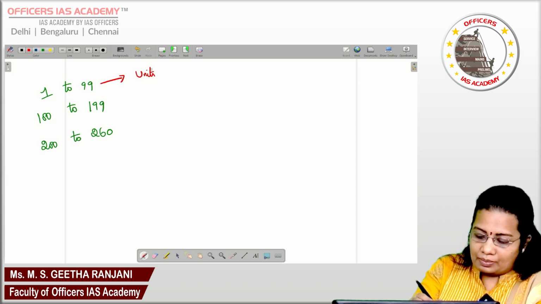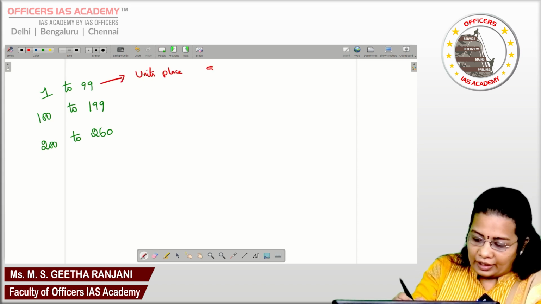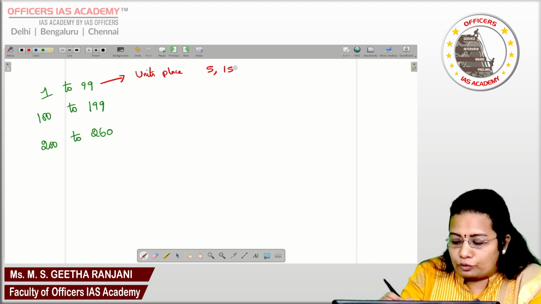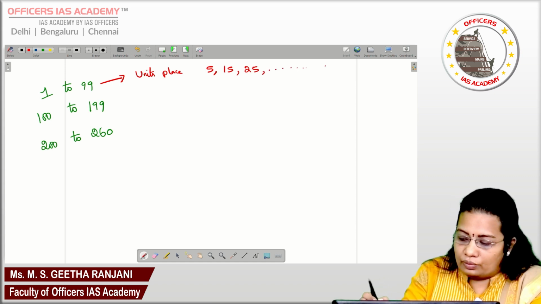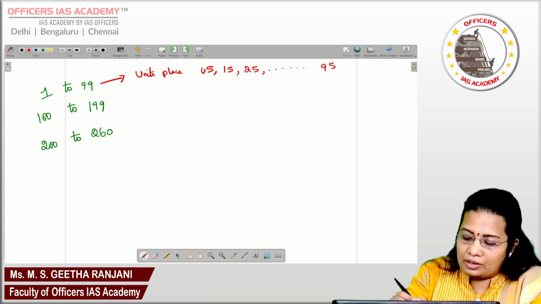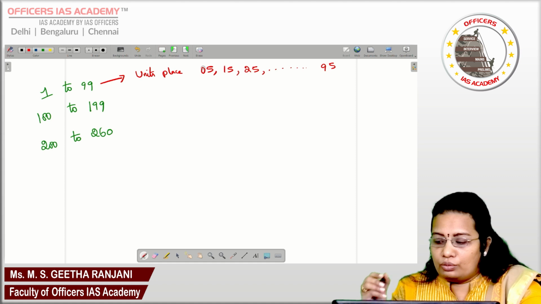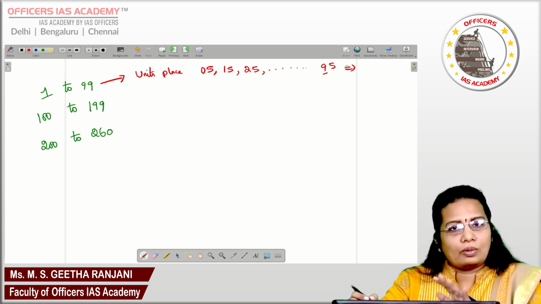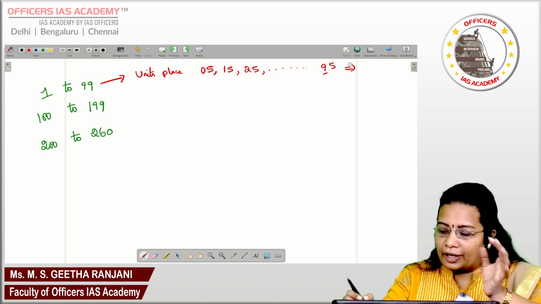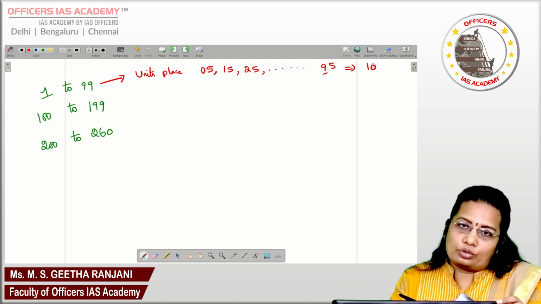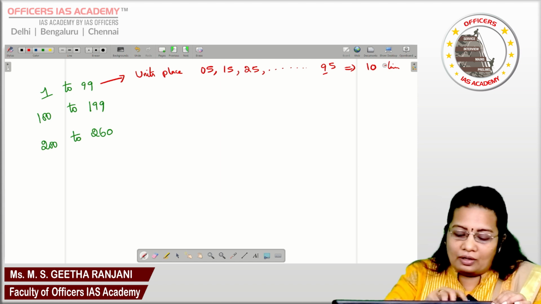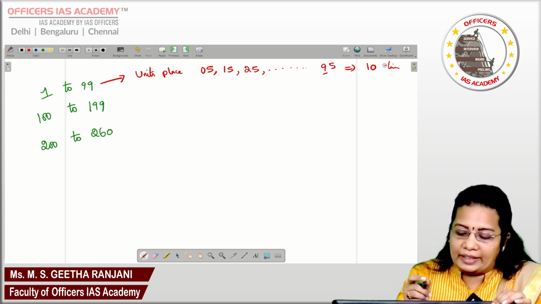Units place means 5, 15, 25 up to 95. So 0, 1, 2, 3, 4 up to 9, that is 10 values. So 10 times 5 is present in the units place between 1 and 99.